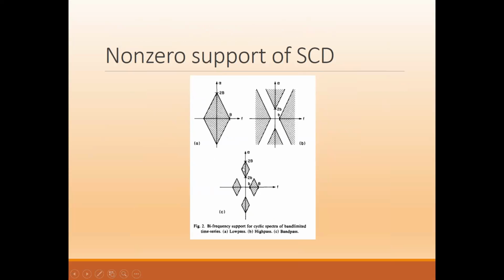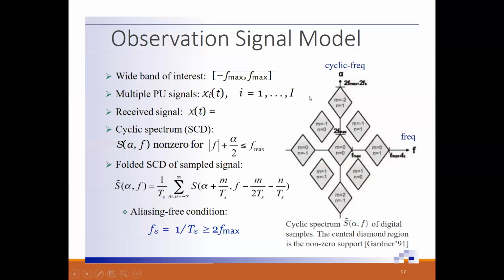From this pattern, these diamond patterns, you will be able to identify what kind of modulation, what kind of signal that is. Every signal has its own spectrum pattern like that. For example, for different values of M and N, without worrying about what M and N are, I will tell you later. Just say you have two parameters, M and N. These two parameters control the X and Y axis of the map.